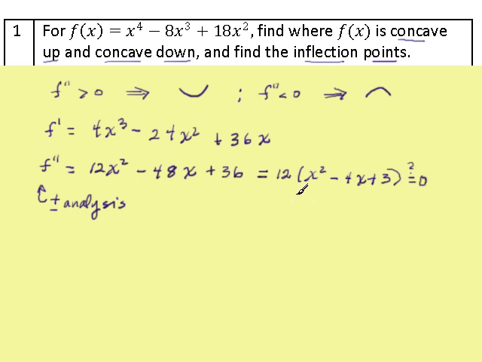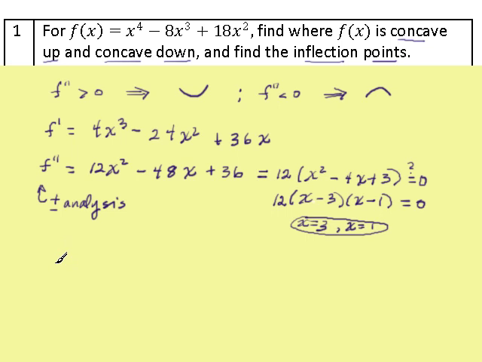Let's factor this, and we have x minus 3, x minus 1. So we see that f double prime is equal to 0 when x equals 3 and when x is equal to 1. So we're going to put these on the number line when we do our plus minus analysis. These are possible inflection points.